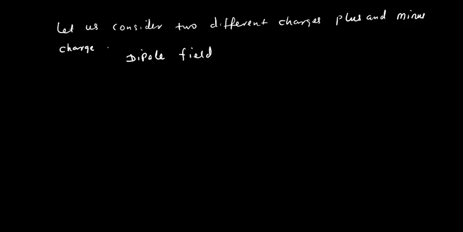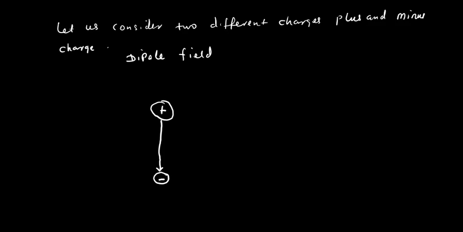Now, let's assume we have a positive charge here, and we have a negative charge here. So you see, the first field line will move from top to bottom, this way. You see the arrow?